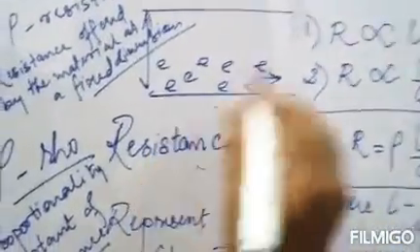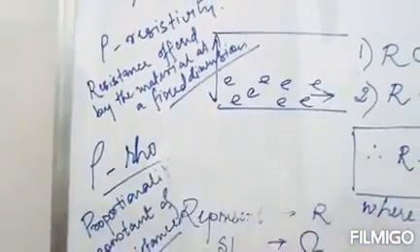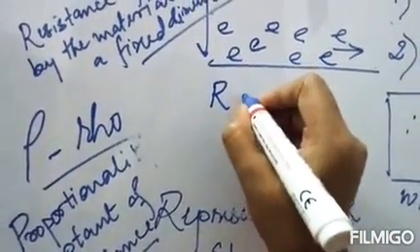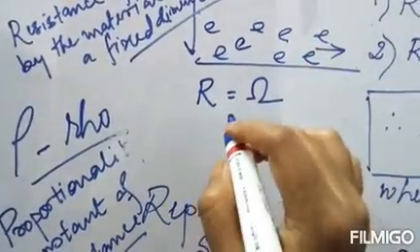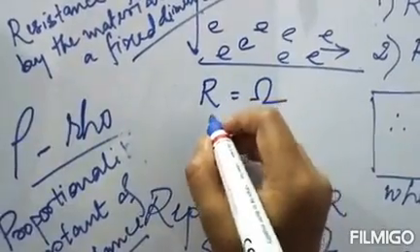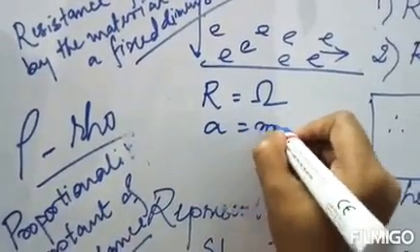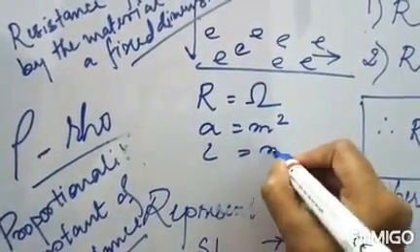Now for resistance, if you forget how to find out what is the SI unit of rho, just remember resistance is ohm, SI unit of area is meter square, and length is meter.